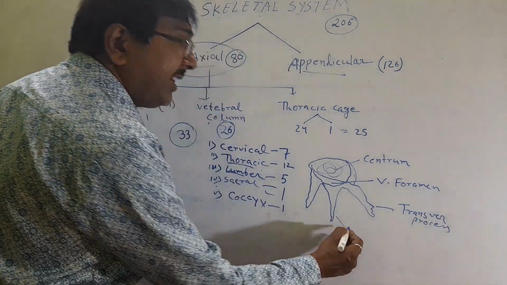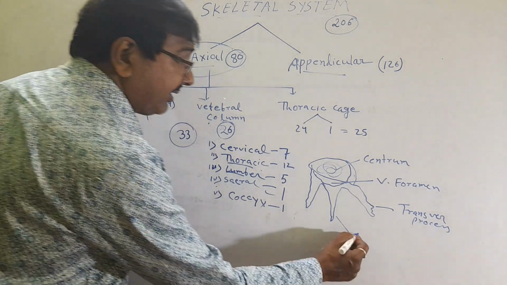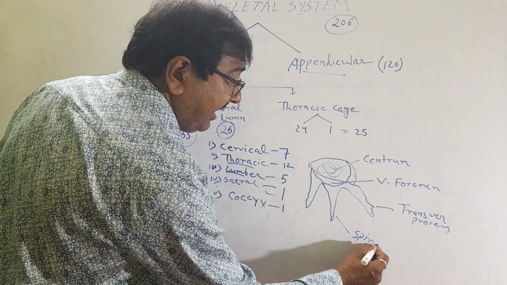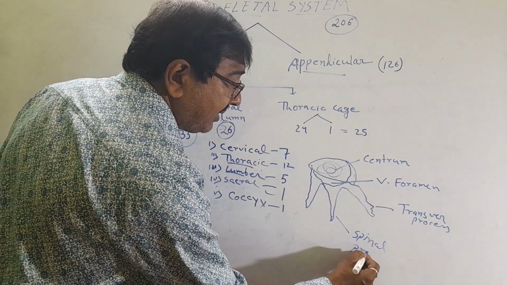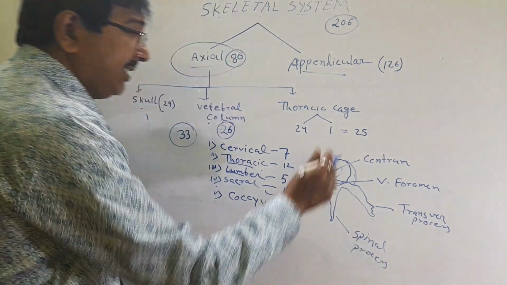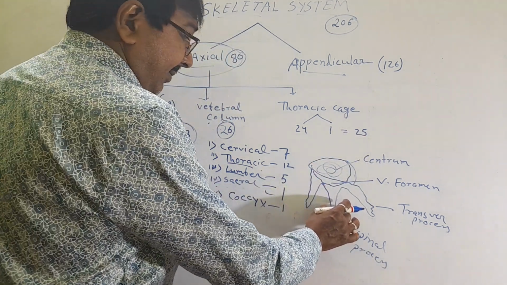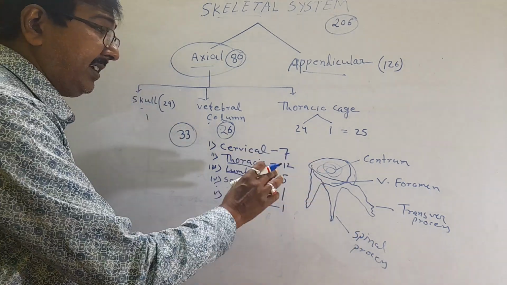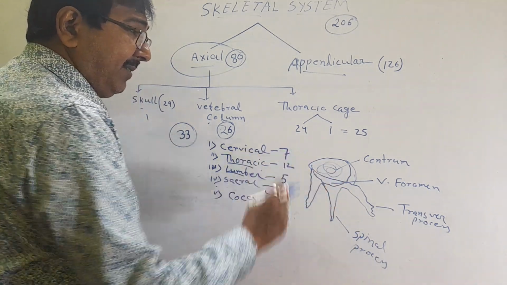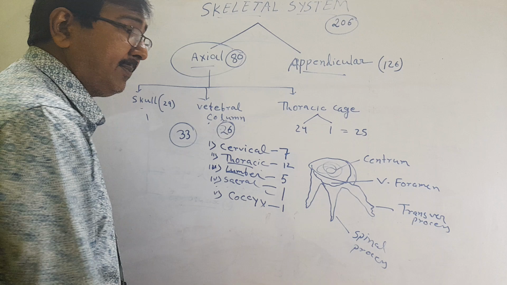And this is the spinal process. Okay, these are the parts of the vertebral bones: centrum, vertebral foramen, transverse process and spine.